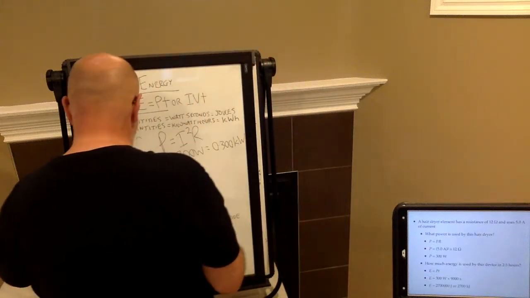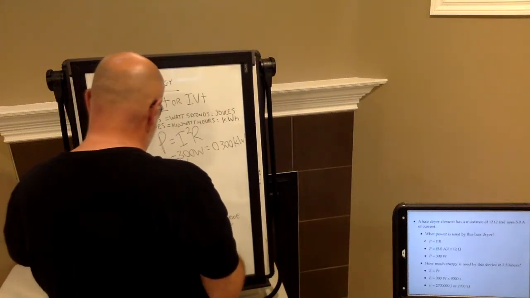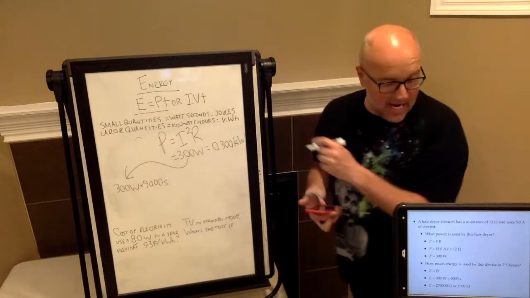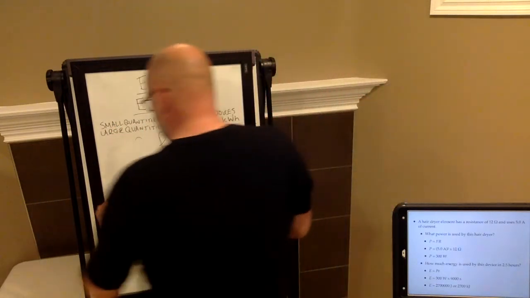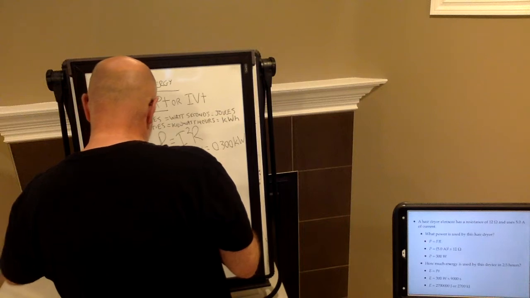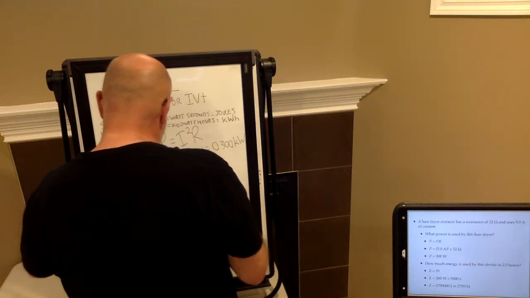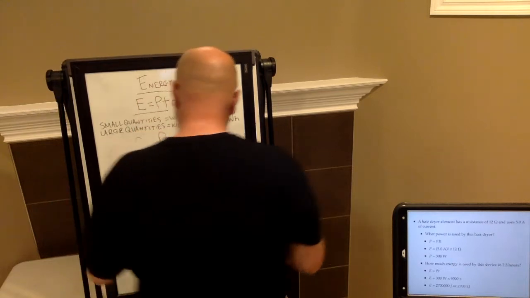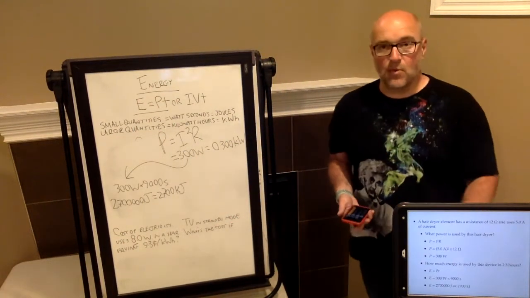So in joules, it's 300 times 9,000 seconds, because it's power times time. That gives me 2,700,000 joules, or 2,700 kilojoules if I divide by 1,000. That's one way to calculate it.